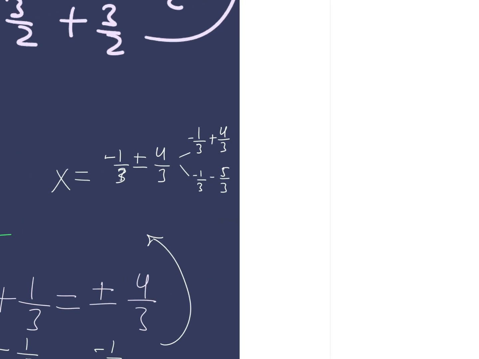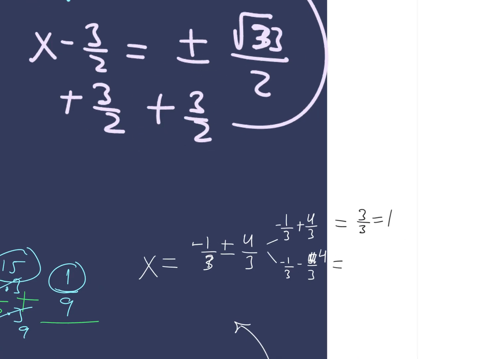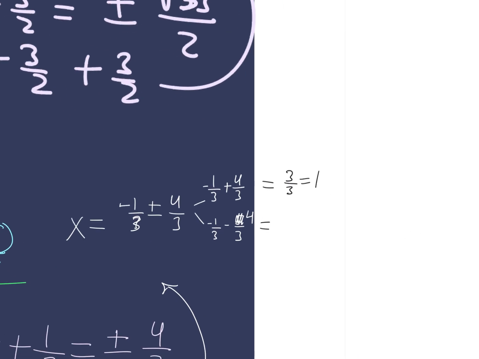And then I'll write it over here. This is going to become 3 over 3, which is 1. And this over here is going to become, I skipped a step, right? That should be 4. Equals negative 5 over 3, which doesn't simplify.